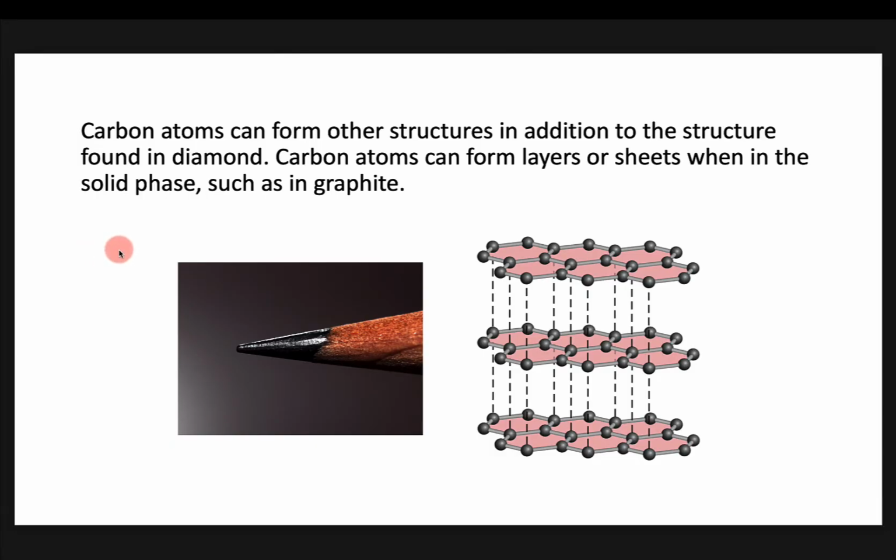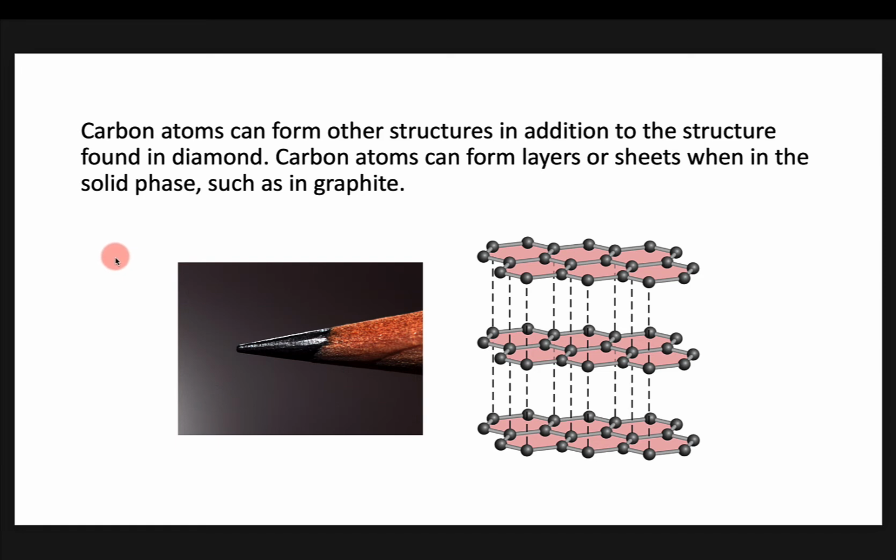Now, in graphite, things are a bit more complicated than we saw in diamond. Both graphite and diamond are made entirely of carbon atoms. So they're both pure carbon. The difference between graphite and diamond comes down to how the carbon atoms bond to each other. So the carbon atoms bond to each other differently in graphite than in diamond. And as explained in the reading that you did, it turns out that carbon atoms are more stable in graphite than they are in diamond.